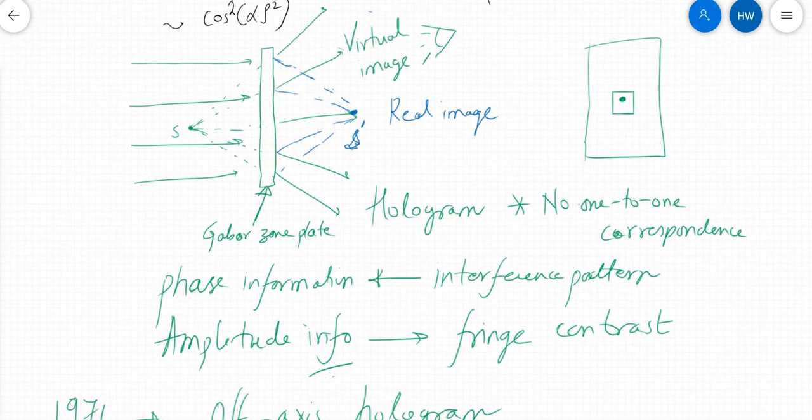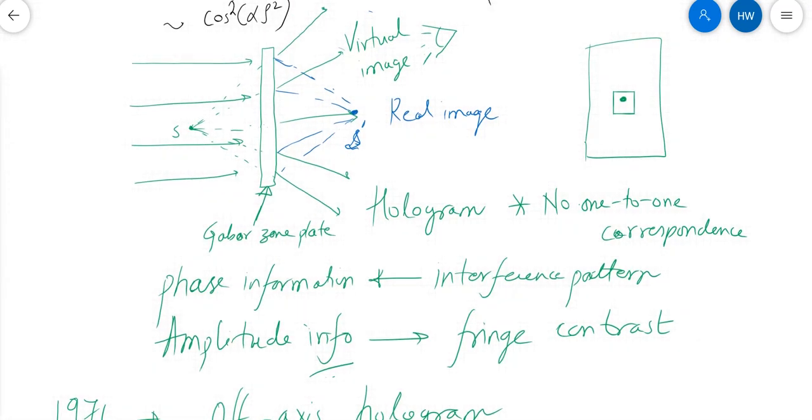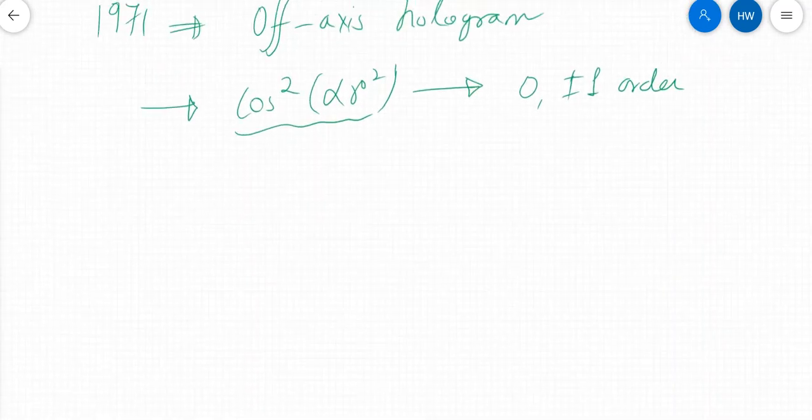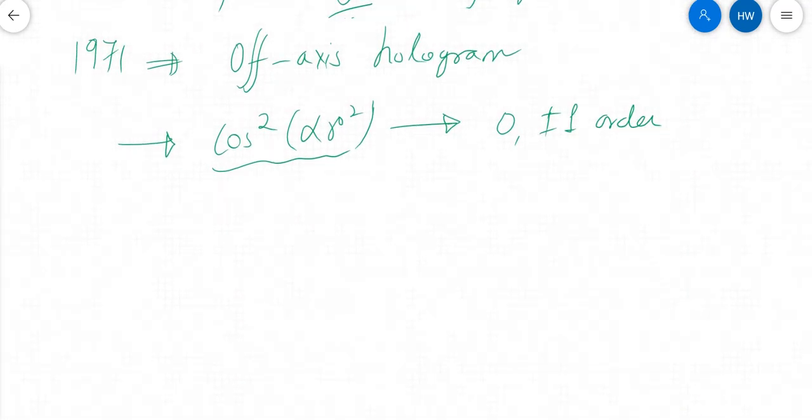What is the 0th order? The 0th order is basically the light going through without getting scattered. The positive first order is the virtual image. The negative order is the real image. So for a sinusoidal variation, one gets only these three orders. That is one thing to note.